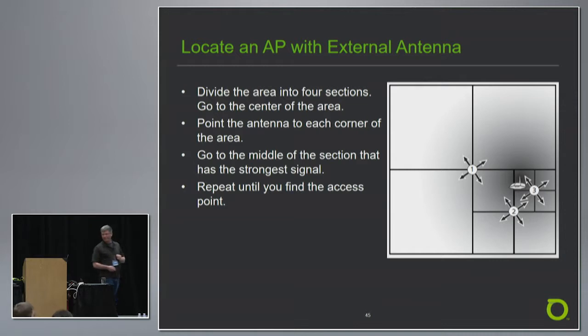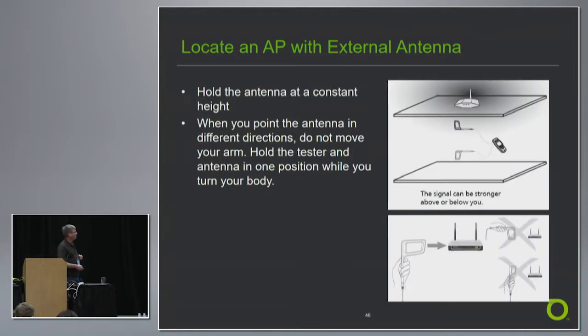Now when you're doing this, make sure that you hold the antenna at a constant height, because what you're really wanting to do is remove all variables of that signal measurement except for your proximity. So you don't want to be changing the height of the antenna, because that's going to change your signal reception.